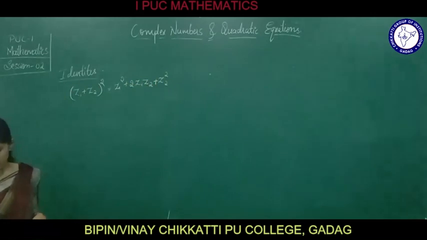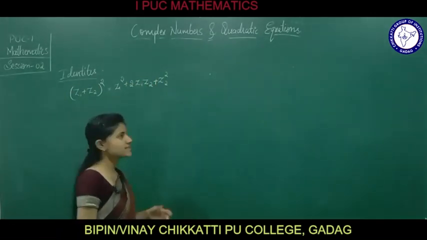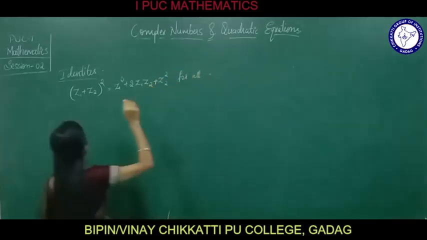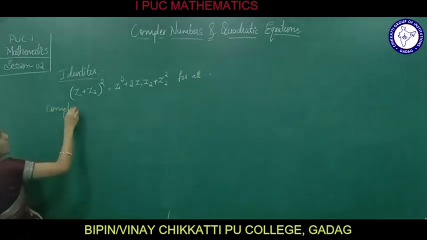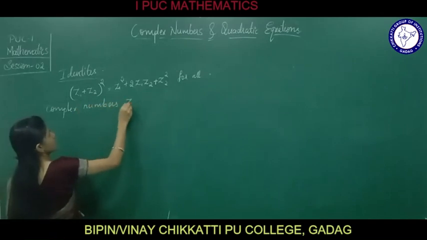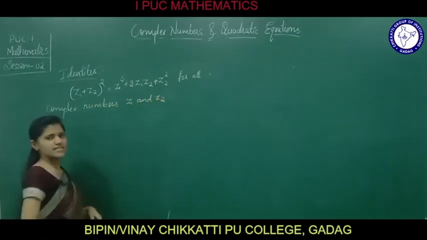So now see, it is for all complex numbers z1 and z2. Let us try proving it.